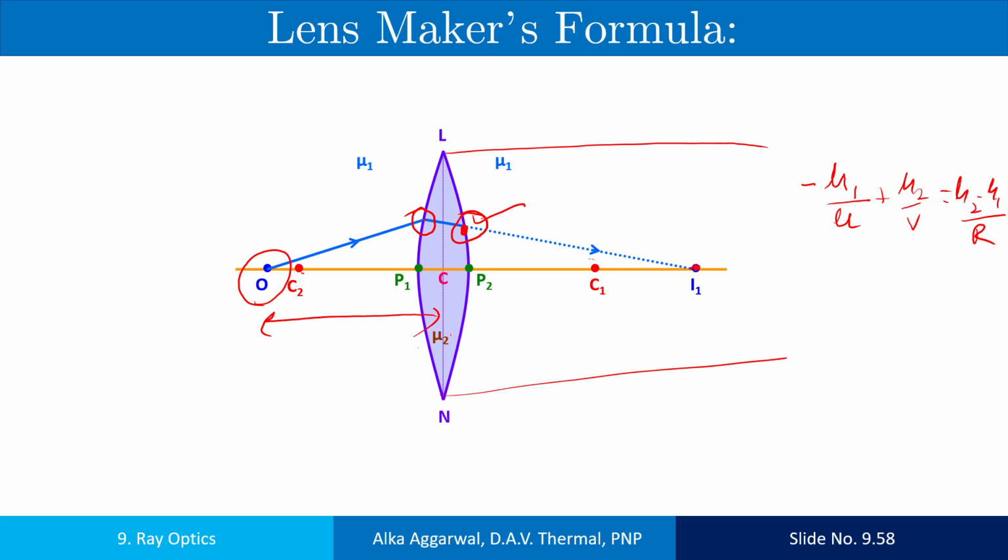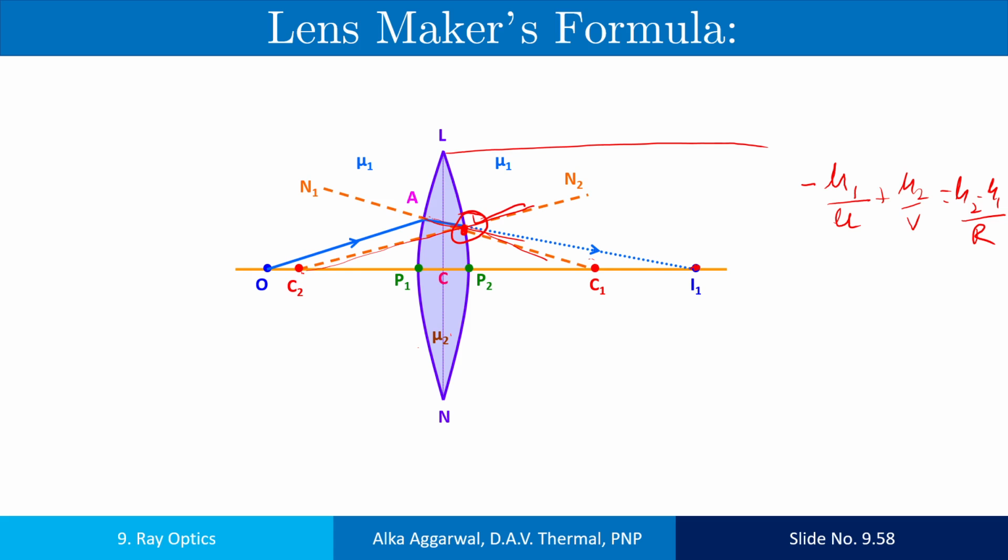I1 is a virtual object for the surface LP2N. So the ray comes out in this way, and this one is the normal, and the final image is formed at the point I. This will be the position of the final image.